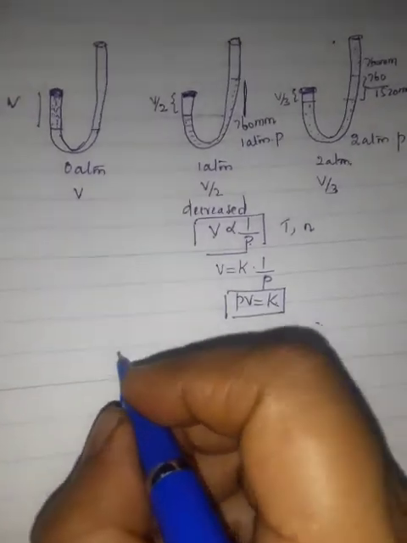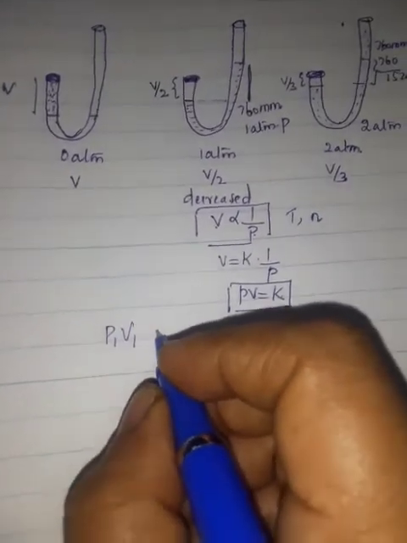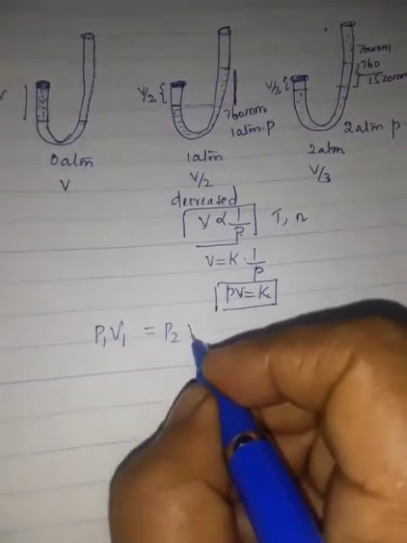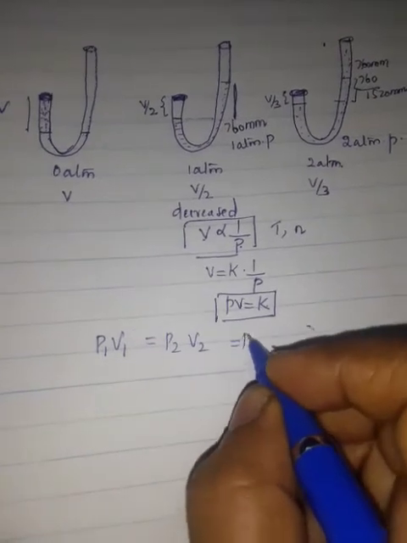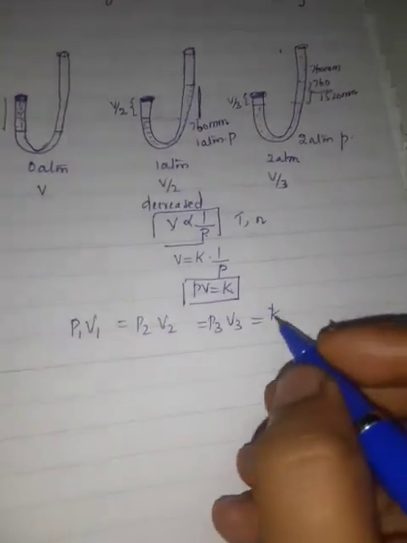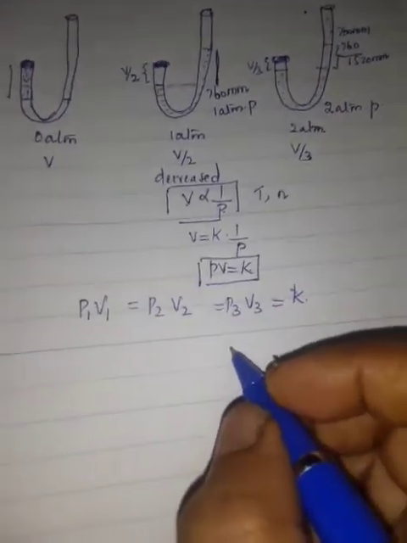Now while doing the experiment, for the first gas we get P1, V1. Then repeating the experiment we get P2, V2. Then once more P3, V3, equal to the K value. What does this mean?